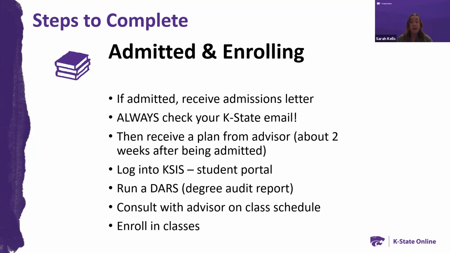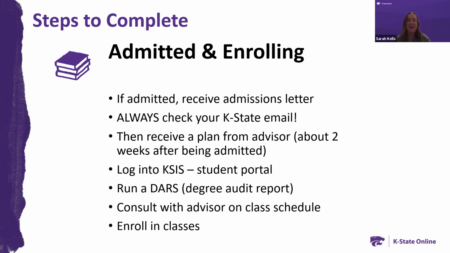You'll also receive a plan from your advisor about 2 weeks after being admitted that will tell you the process of being advised and how to enroll. The program that we use at K-State is called KSIS. That's your student portal. And that's where you're going to see a lot of information like your class load or your class schedule, how to add and drop classes, your financial aid, your advisor's contact information, billing statements, a lot of information.